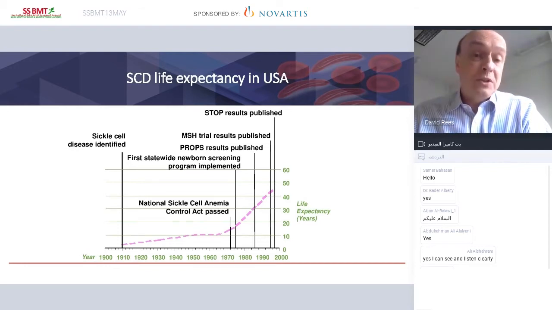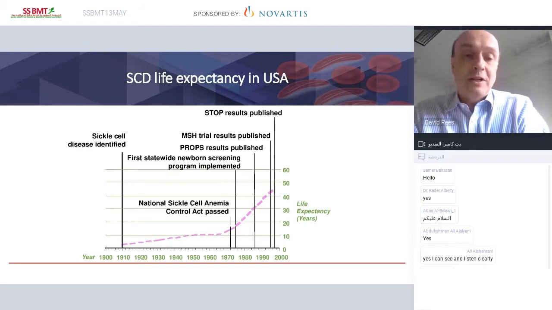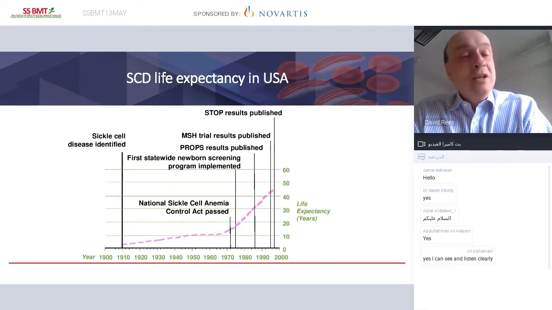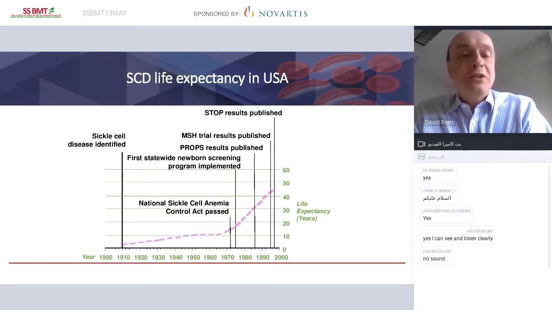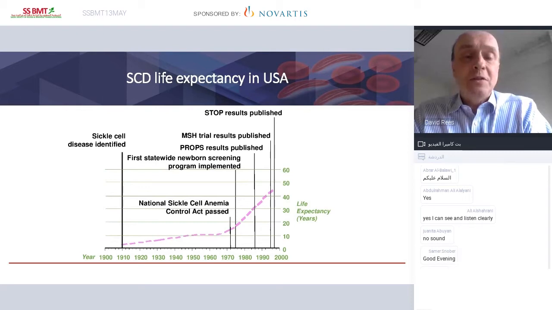Probably one of the important things was in the States, the National Sickle Cell Anemia Control Act, which didn't really change anything other than creating a series of sickle cell centres and trying to identify sickle cell specialists to recognise that this was an actual condition that required specialist care. And that is probably the main thing. That sort of approach, just having people who are interested in the condition, is one of the things that has made the biggest improvement.